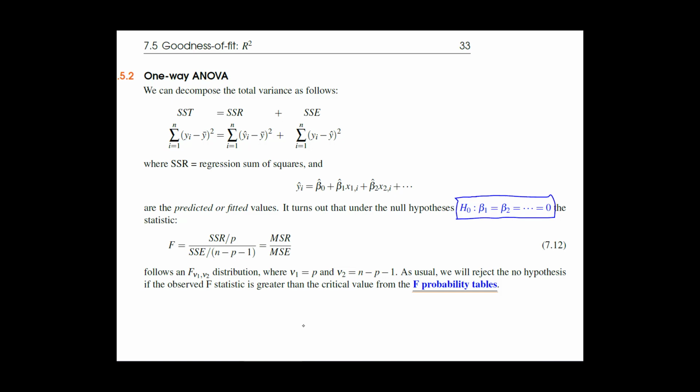All right, so it starts with this identity that we're not going to prove here. We already talked about the total sum of squares and the error sum of squares. Now we'll introduce a new one, the regression sum of squares, which are the differences between the predicted value y hat, the regression line evaluated at the estimated betas, minus the mean of y, squared.